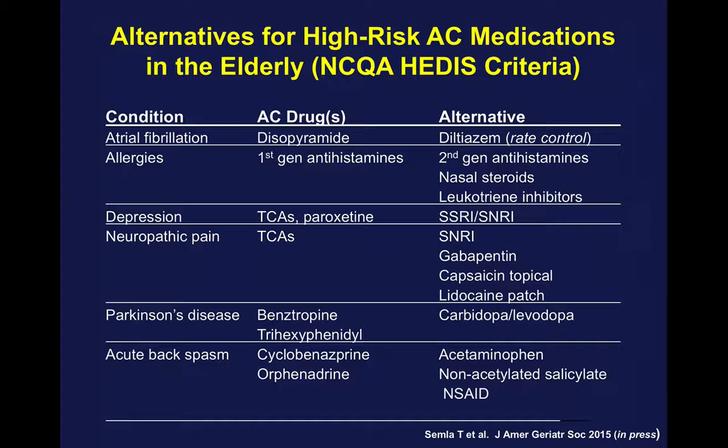Depression, tricyclics really shouldn't be recommended anymore. Tricyclics like amitriptyline can be used in neuropathic pain. And paroxetine makes this list too because it's very anticholinergic. That's why paroxetine's a lot more sedating as an SSRI. But think about it.